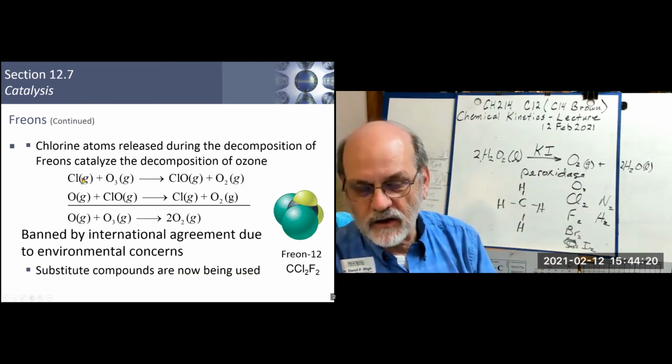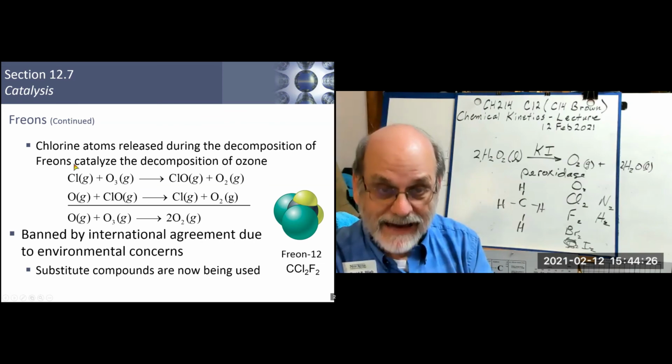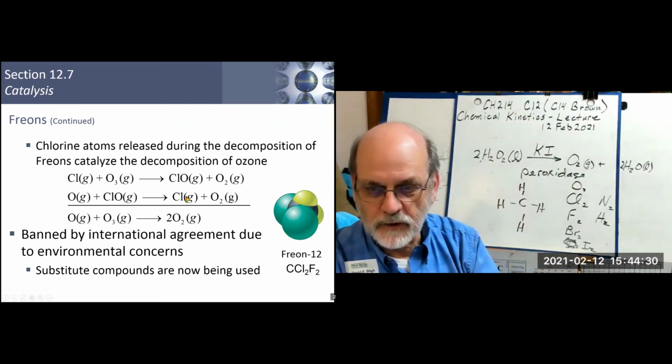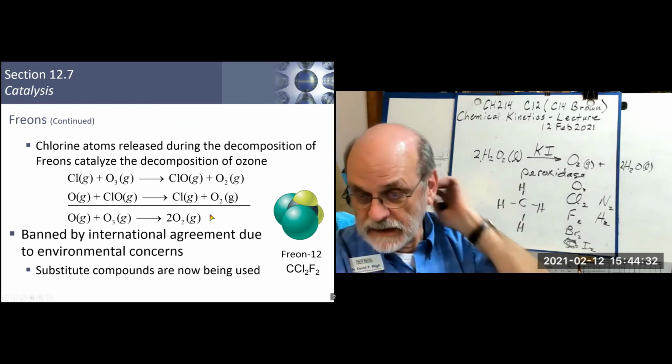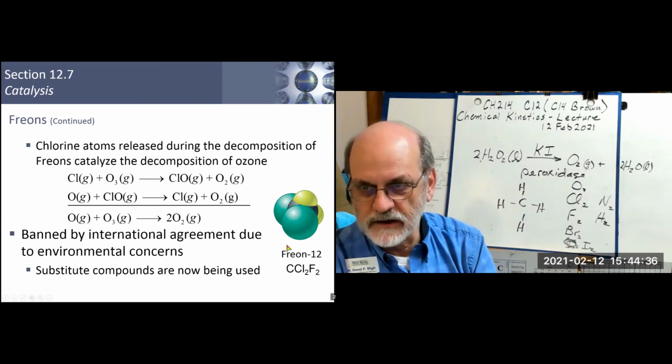And that free radical will react with ozone, decompose it, and it is a catalyst that's produced in the upper atmosphere from the Freon. Now, this Freon is notorious. Freon 12 is probably the worst for doing that.